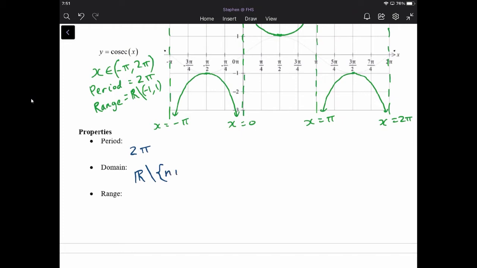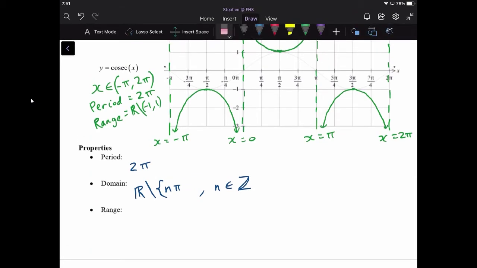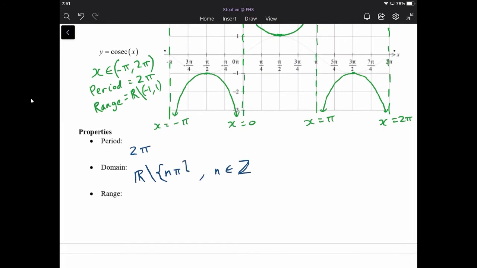So I'll just put n pi, and then I'll say that n is an element of Z, all integers.